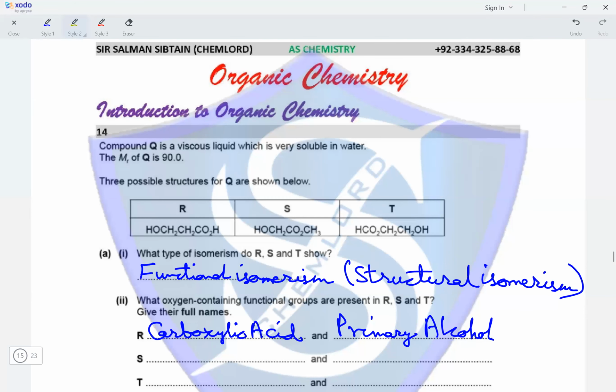In S, we have a primary alcohol and an ester group. And in T, we've got an ester group and a primary alcohol. So these are the two functional groups present in the three isomers given.